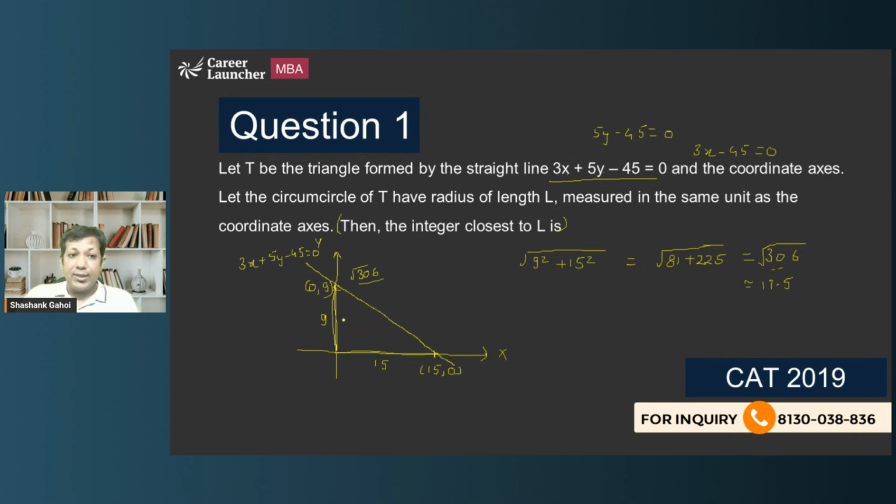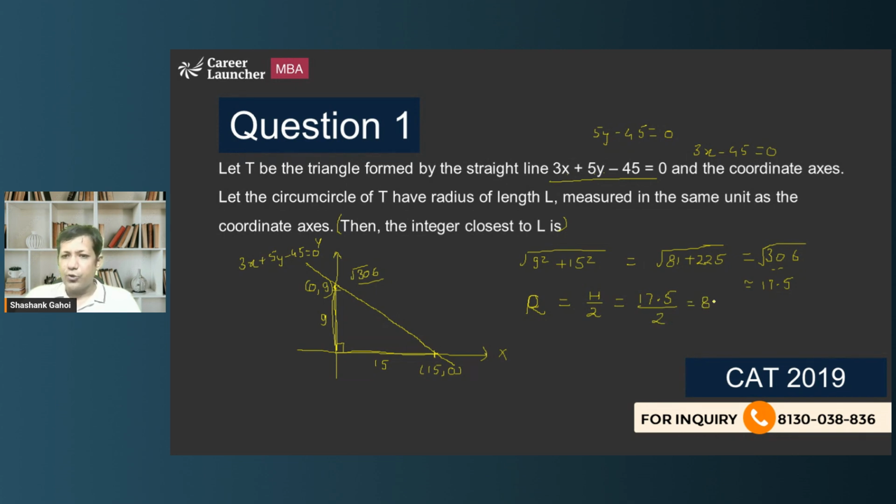Now, if you see, this is a right angle triangle. In any right angle triangle, the circumradius, the radius of the circumcircle, generally denoted by capital R, is given by the formula hypotenuse divided by 2. So what is the hypotenuse we have? That is 17.5 divided by 2, and this comes out to be 8.75.